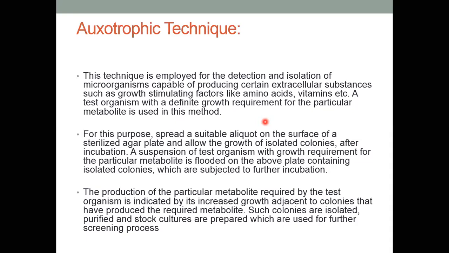This technique is employed for detection and isolation of microorganisms capable of producing extracellular substances such as growth stimulating factors like amino acids, vitamins, etc. So you can use this to find bacteria which are able to give you that element. In this example, we've said that a bacteria requires vitamin A.